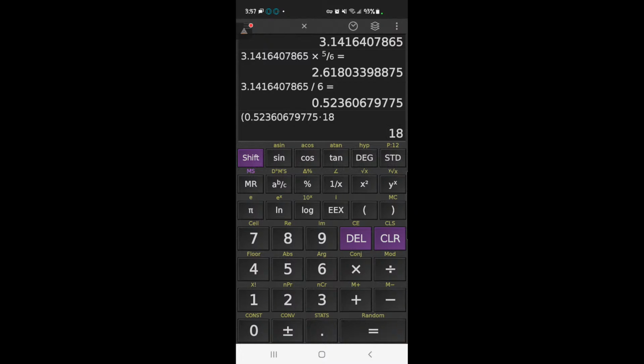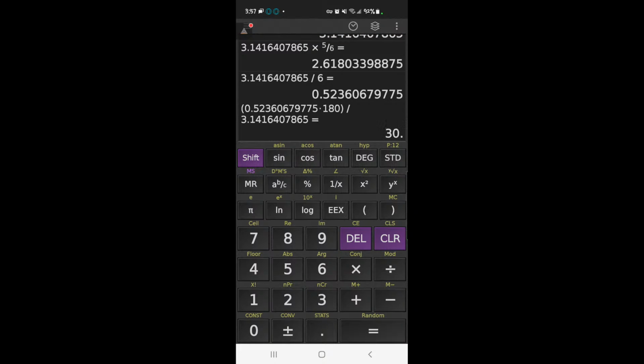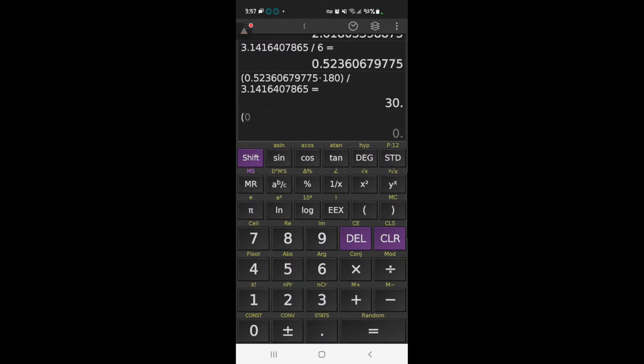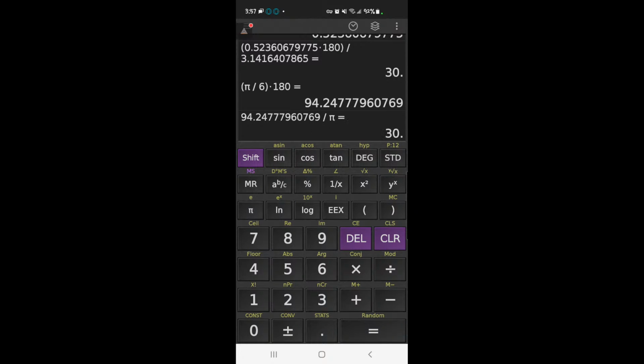It works if I take the other pi, the first one, and of course it's going to give us the 30 degrees, no doubt. But the same goes if I take that pi divided by 6 multiplied by 180 and then divided by pi, what do you know, it gives us 30 as well. So that one is tricky.